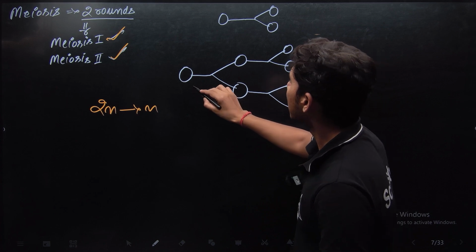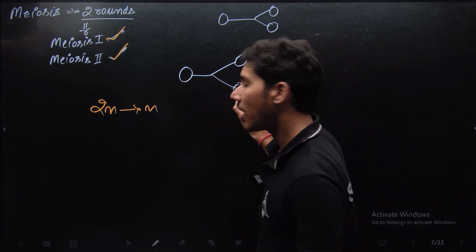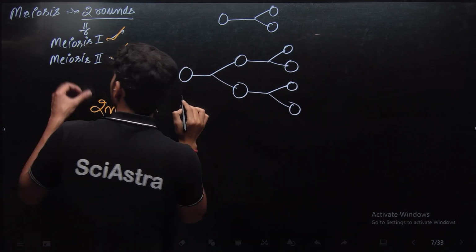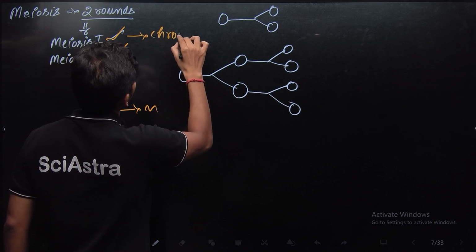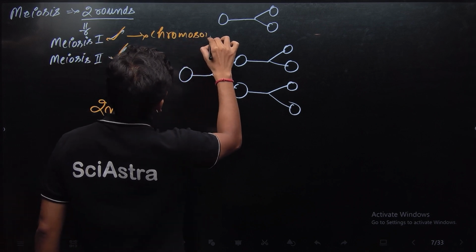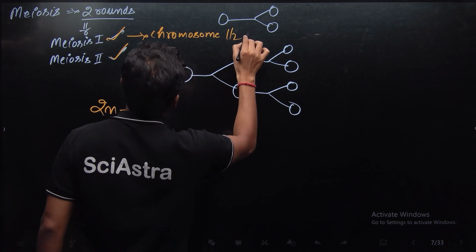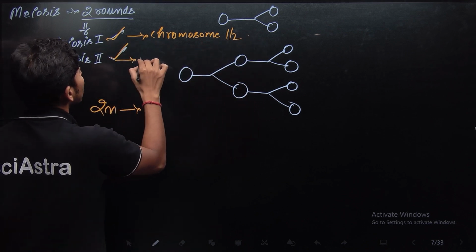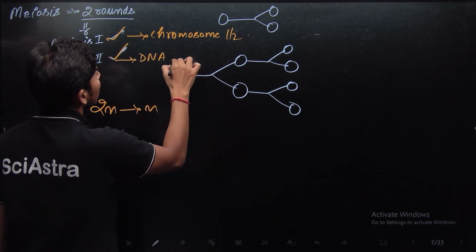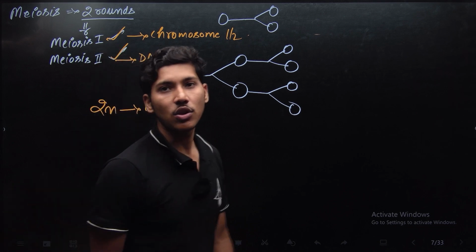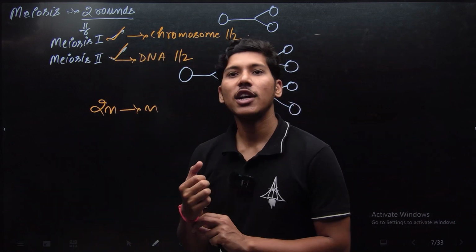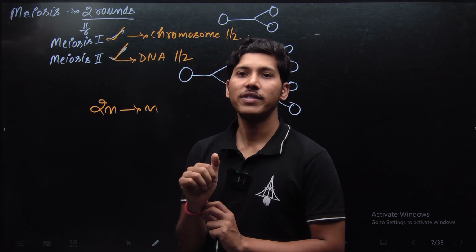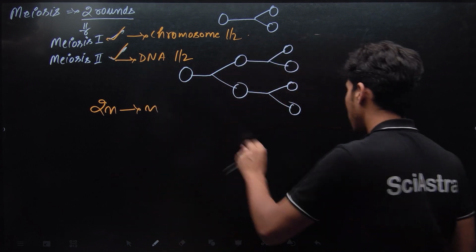In meiosis 1, the chromosome number is halved, while in meiosis 2, the DNA content is also halved. Clear? That's why in meiosis there are 2 rounds of cell division, meiosis 1 and meiosis 2.